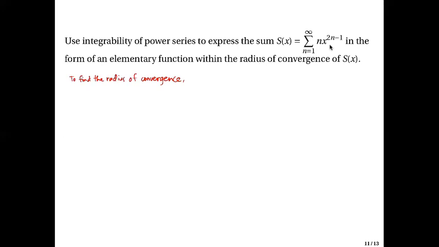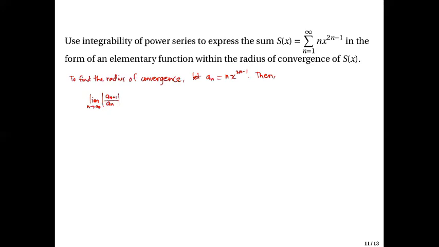We need to find the limit of the absolute value of a sub n plus 1 over a sub n as n approaches plus infinity. But let us formalize this. To find the radius of convergence, we let a sub n be equal to n x raised to 2n minus 1.